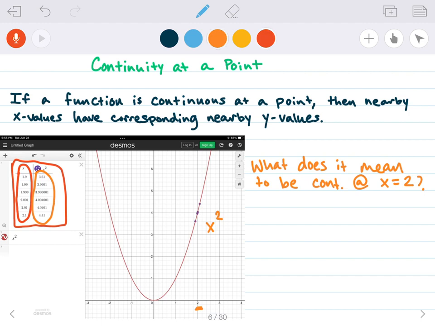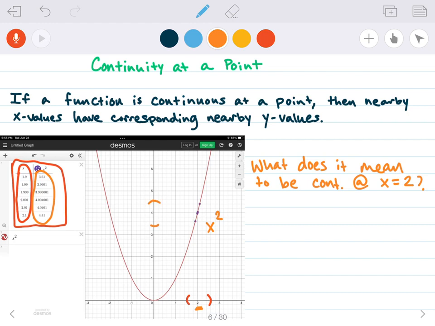And so the way that we can see this graphically is we can draw a little neighborhood around the x value 2. My neighborhood's going to look something like this. Maybe all of these points on the table are in that neighborhood. And then on the y side, we have a neighborhood around 4.